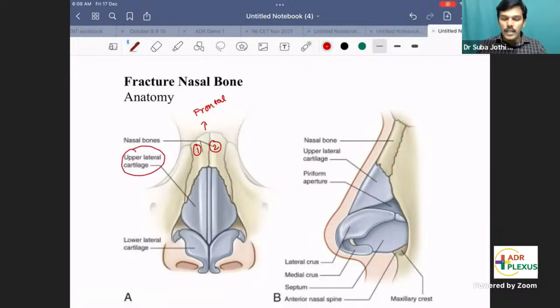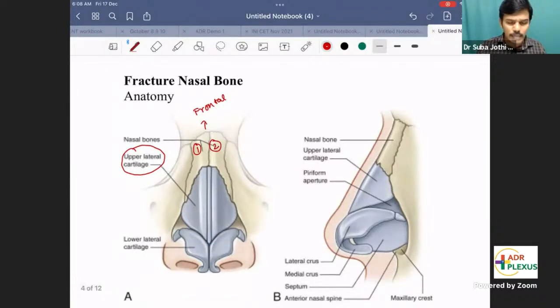So why is nasal bone fracture important? Because the most common facial bone to get fractured is the nasal bone. This nasal bone has attachment with the frontal bone as well as the upper lateral cartilage found below. So if a trauma to the nasal bone occurs, a lot of conditions can occur.